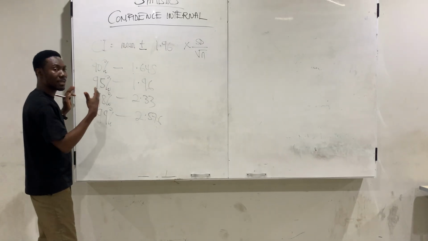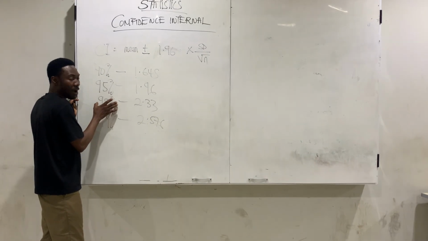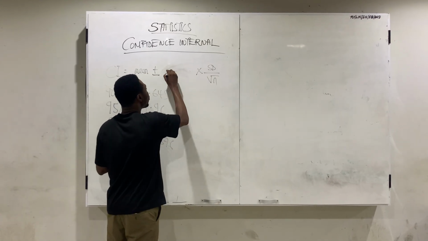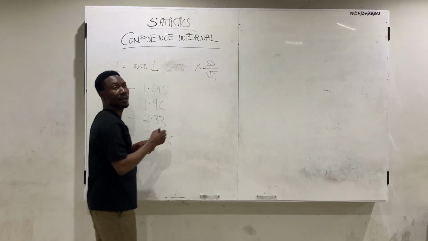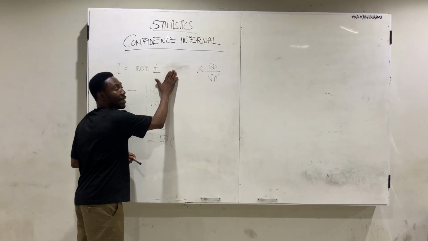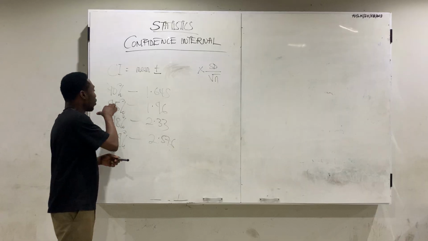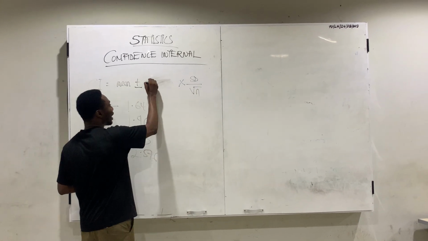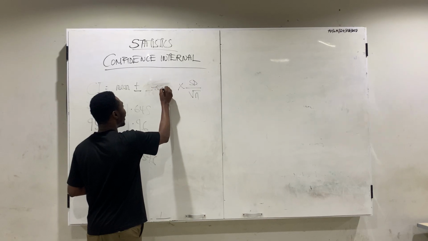If you are working with 98%, you would have to write 2.33. So the z-score you write here depends on the confidence level that has been given to you in the question.